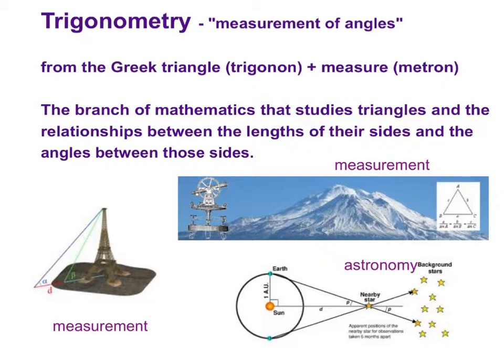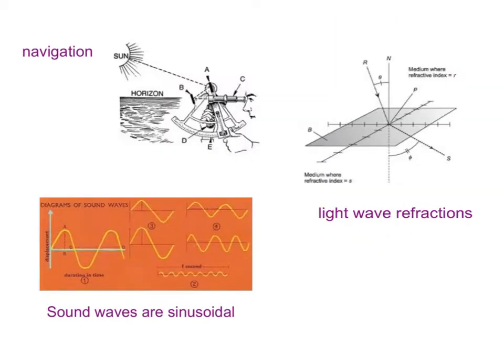And we use trigonometry in so many applications in life, measuring how tall things are, measuring the distance between stars, things in our solar system, and many other applications. But be sure you get the definition for trigonometry in your composition notebook.